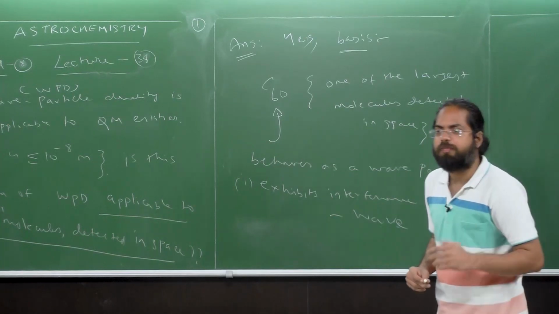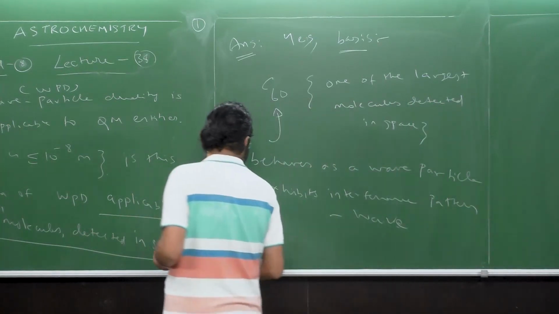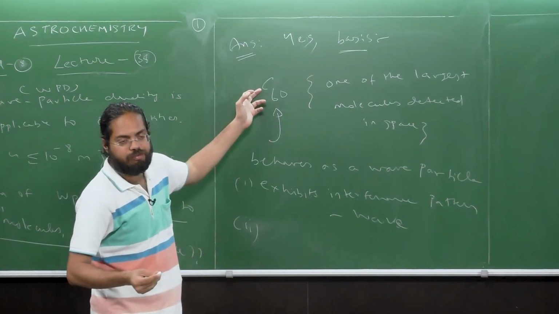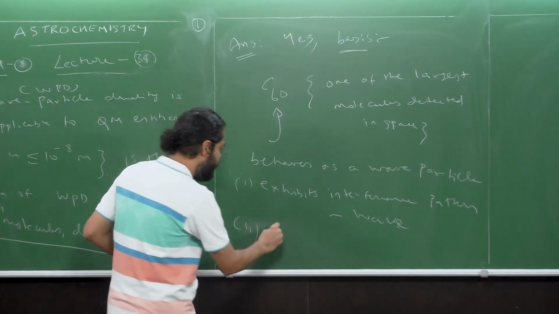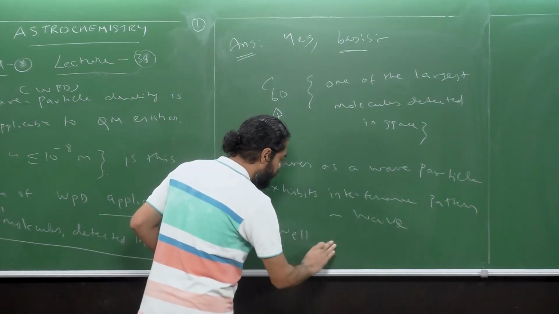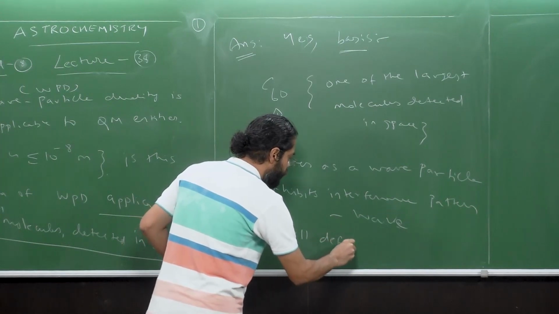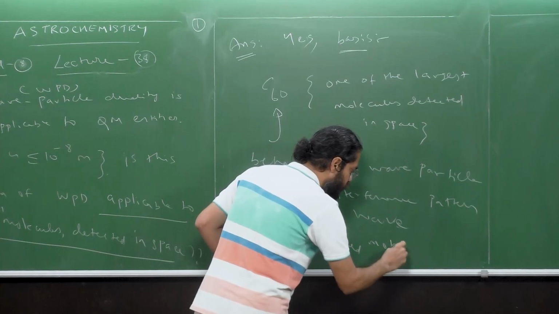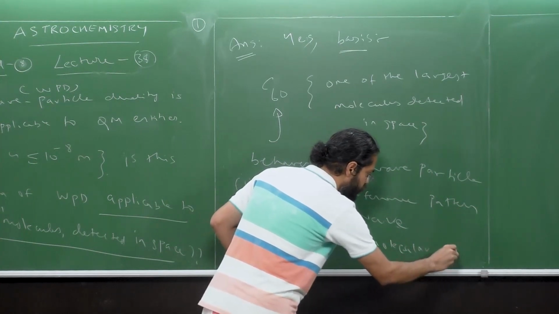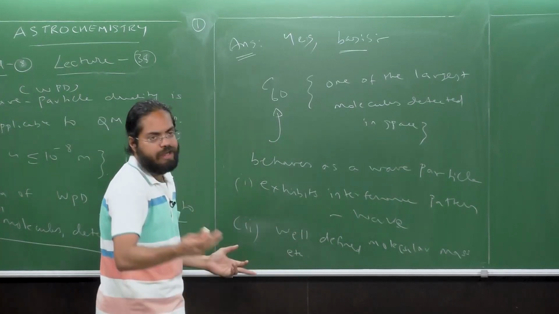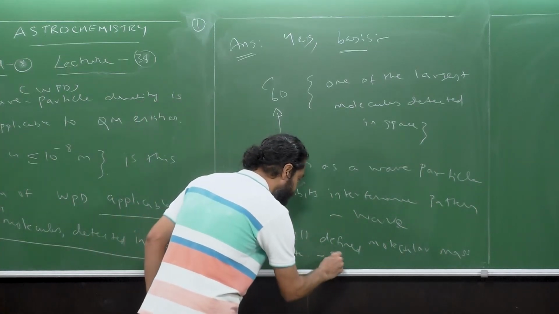But what about as a particle? How does anything exhibit a particle type nature? Well, to begin with, it has a well-defined mass, right? Well-defined molecular mass, etc., which means that it is going to be a particle.